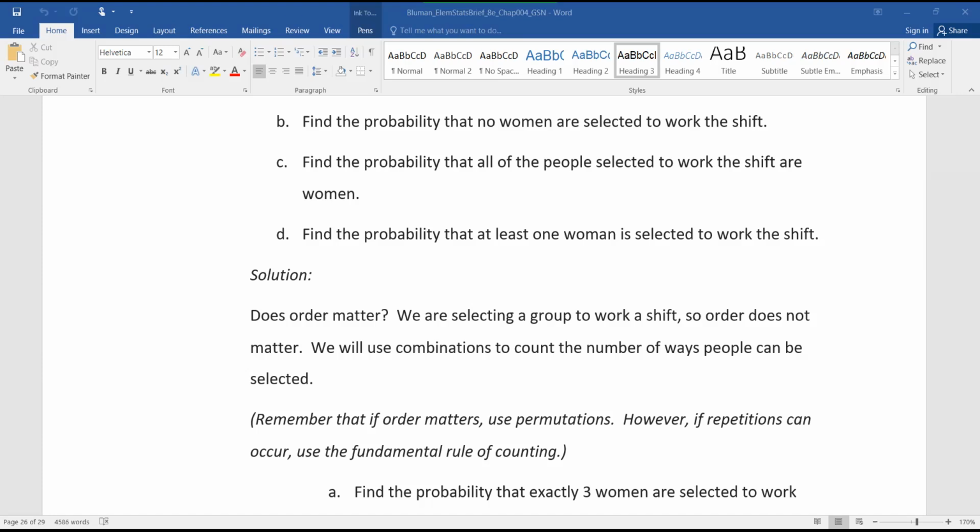So if we go back to that example we did, the hospital, where you had to go to 6 different patients. If you had 6 patients, but then on part B it said the nurse must choose 4 to visit.